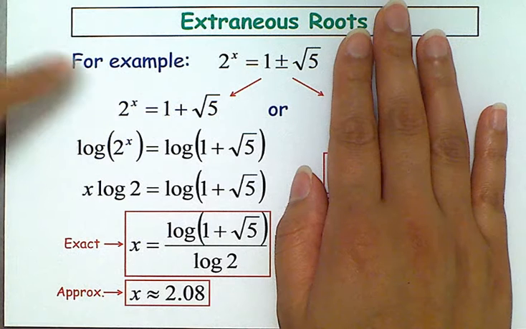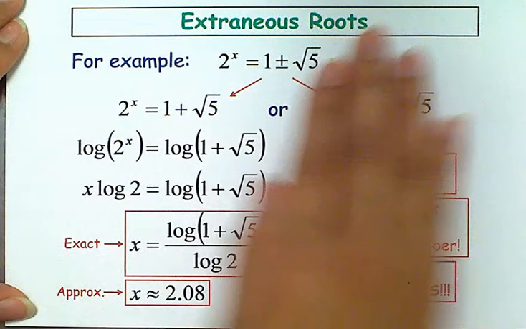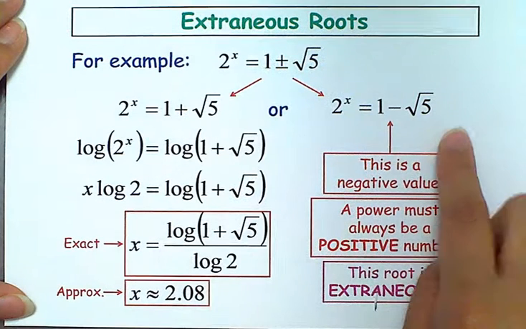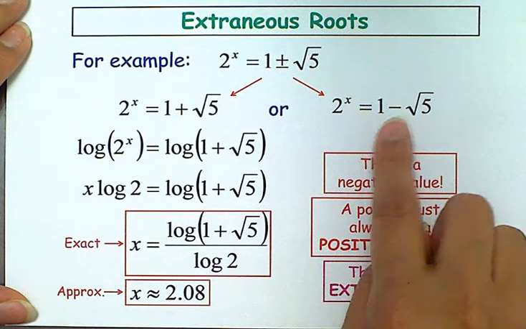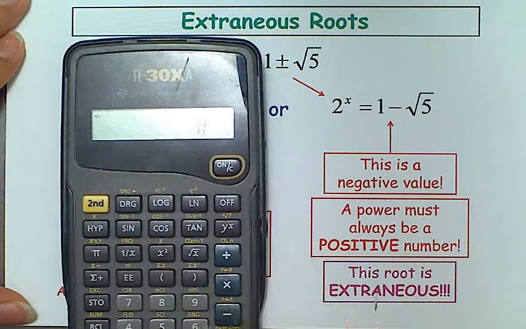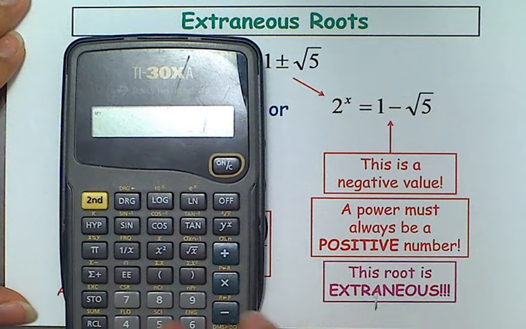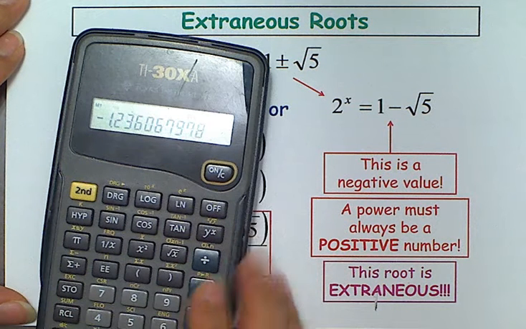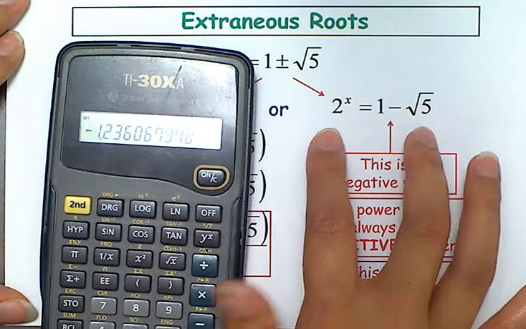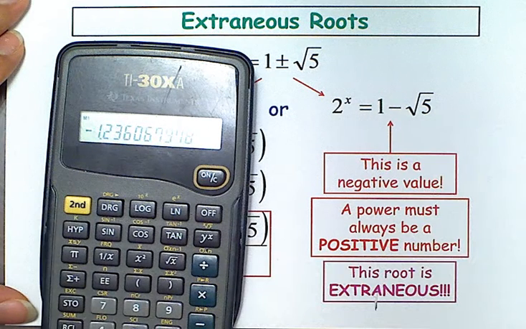Okay? If I look at the other solution, where it's 2 to the x equals 1 minus the square root of 5, what you'll notice is that 1 minus the square root of 5 is a negative value. If I do that on the calculator, I get 1 minus the square root of 5, which is negative 1.2. Now if I try to find the logarithm of both sides in this case, I know that on the right hand side I cannot find the log of a negative number.